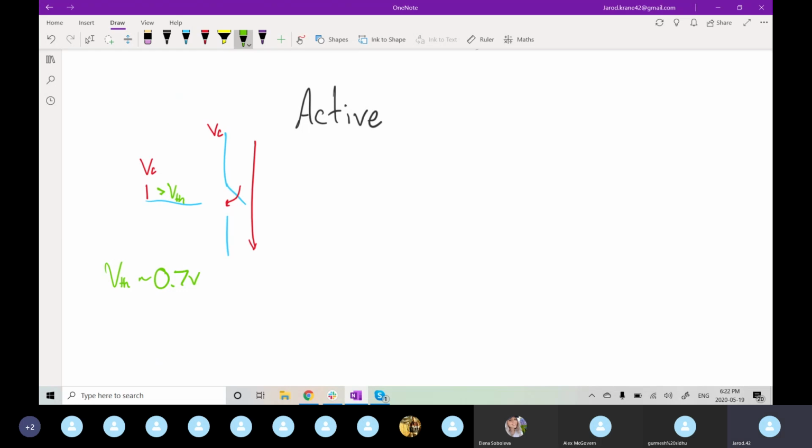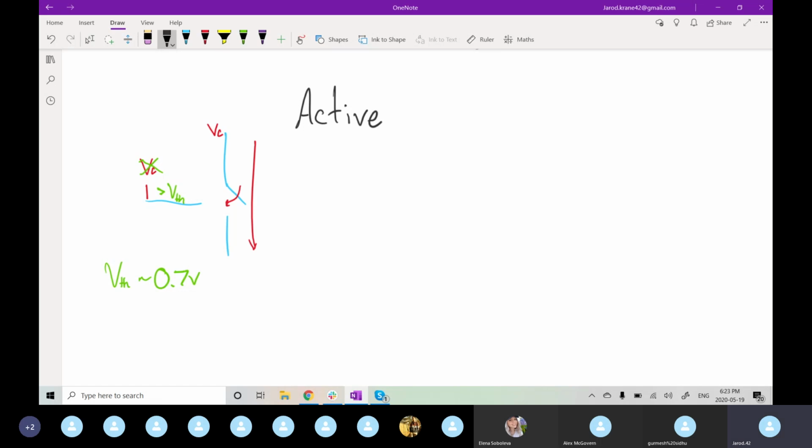So by sending a signal that's just beyond our threshold voltage to cause it to close, but still sending it a voltage that's lower than the collector, it's now going to be in its active region. And in this region, we can start to control our output currents.